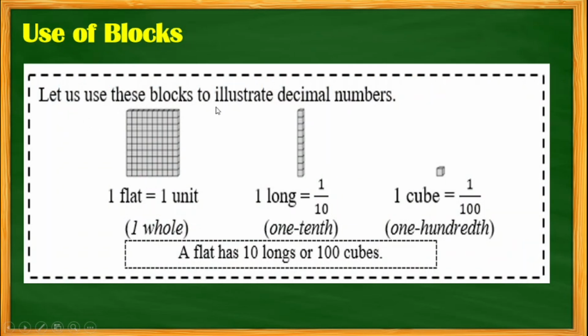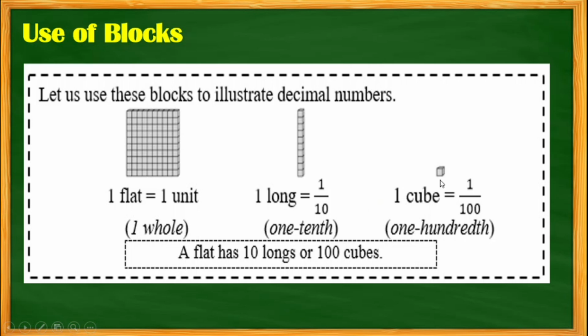So let us use the blocks to illustrate decimal numbers. One plot is equivalent to 1 unit because one plot has 100 cubes. So it is equivalent to 1 whole. And then 1 long is equivalent to 1/10 because we have 1, 2, 3, 4, 5, 6, 7, 8, 9, 10 cubes.